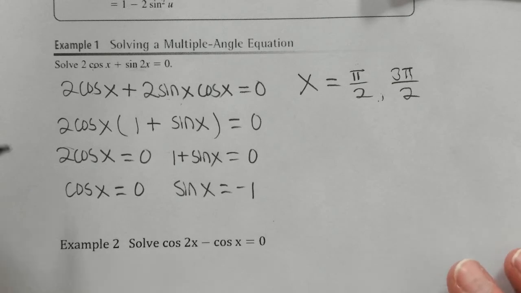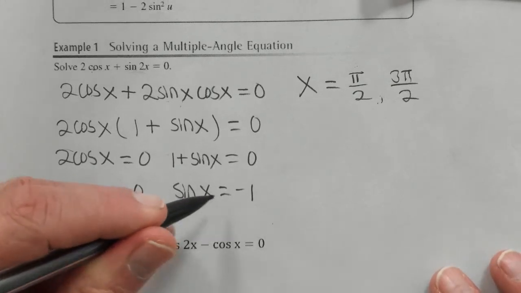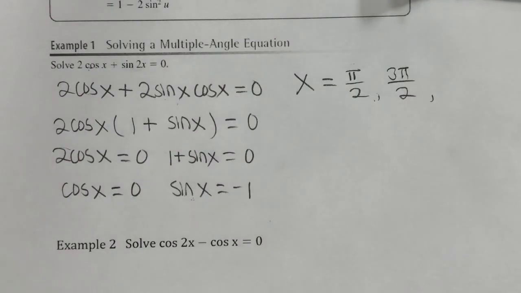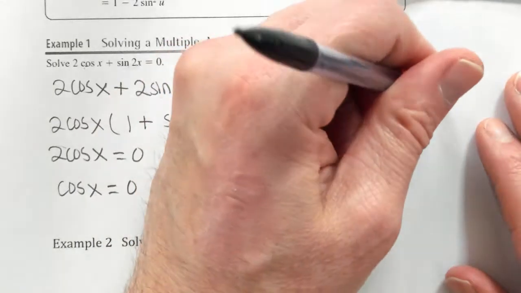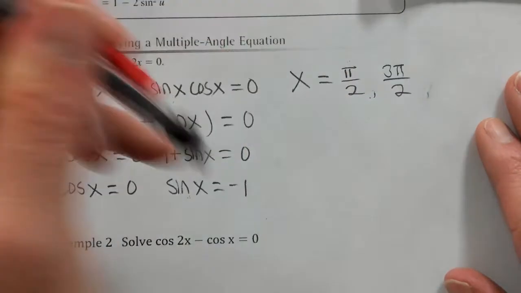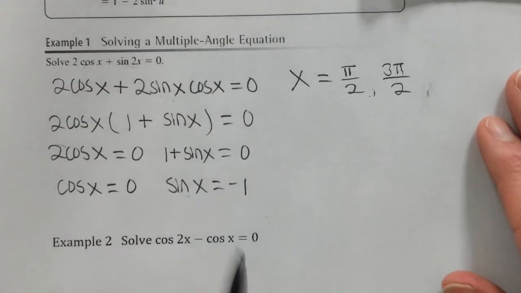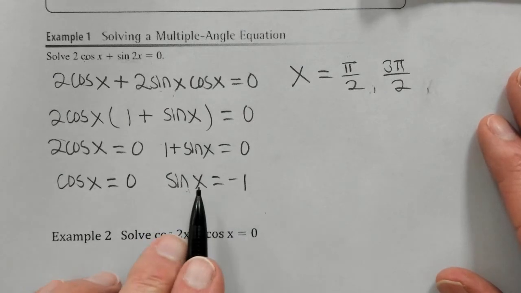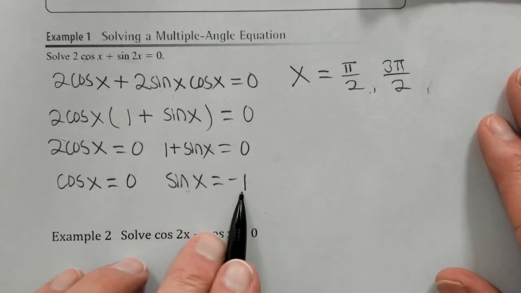For the other one, for the sine of x to be equal to -1, we need to find out if there are any angles that will allow me to come up with the correct answer. So sine of x is equal to -1. I'm looking for angles whose sine is -1, right?